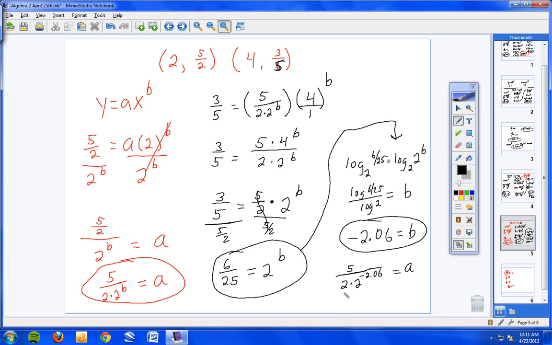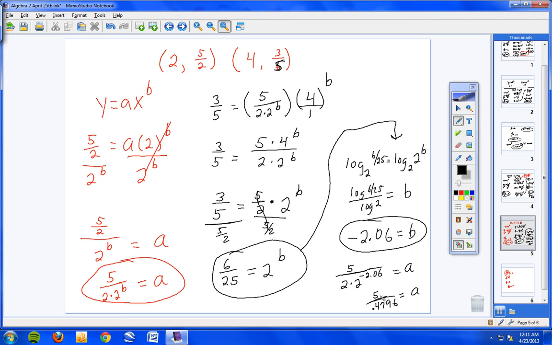Now, do you multiply your 2's first, or do you do your powers first? Well, you should know by now you do your powers first. So with your calculator, I would go ahead and simplify your denominator. I would take 2 to the negative 2.06 power, and then hit times 2 for this 2 right here, and you should get 0.4796.